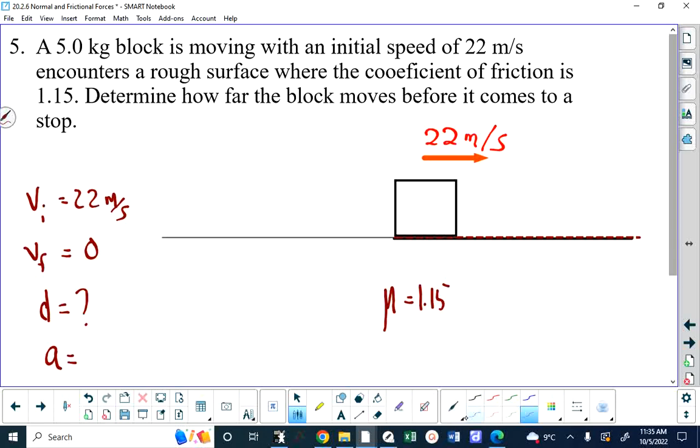Or anybody else? Anouk? Except we don't know D, right? We'd be going in circles there if we want to use the VF squared formula.